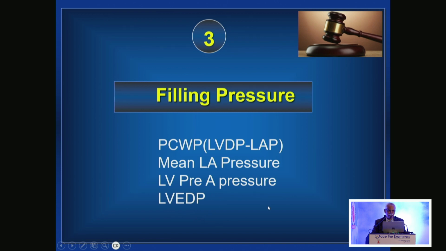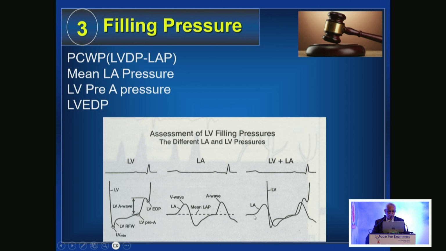When we say elevated pressures, we always mean LV end diastolic pressure and not the other ones. So here you can see the pre-A pressure, this is the mean pressure, and this is the LV end diastolic pressure.